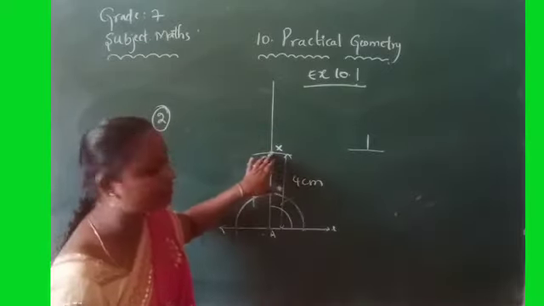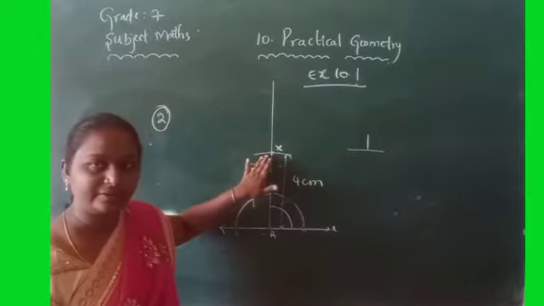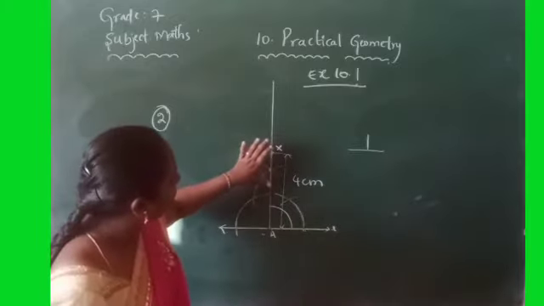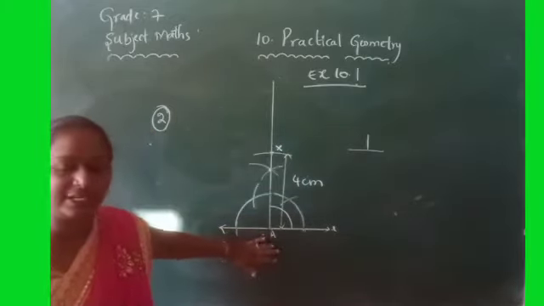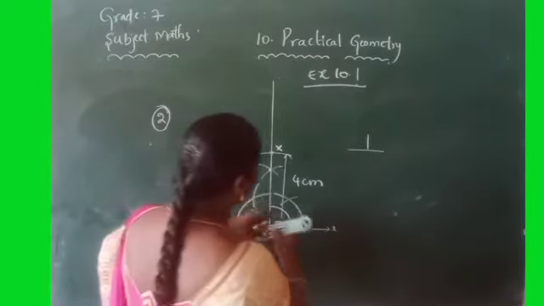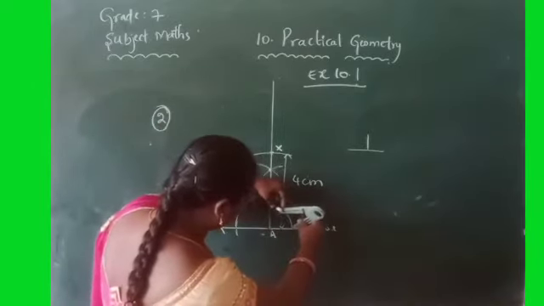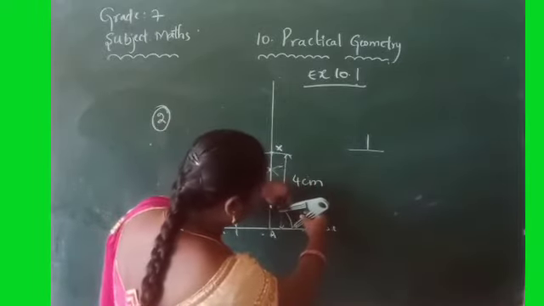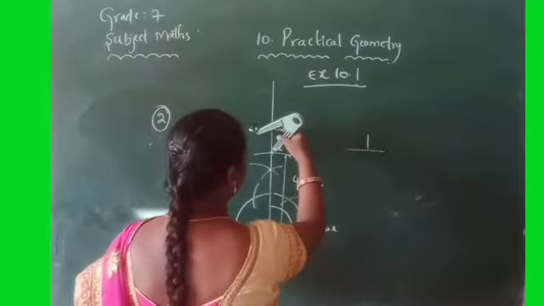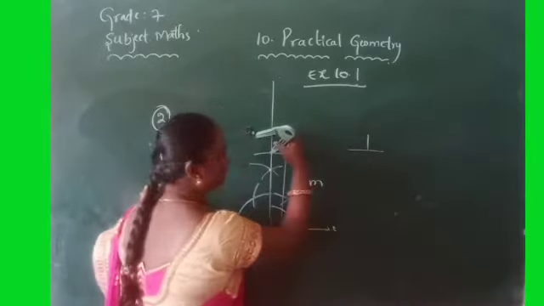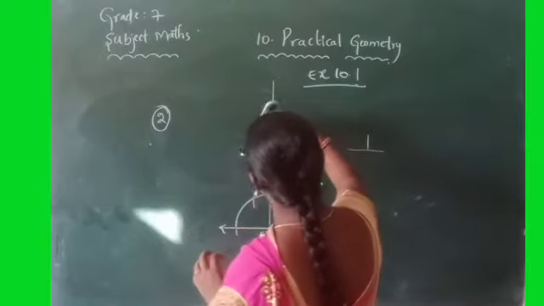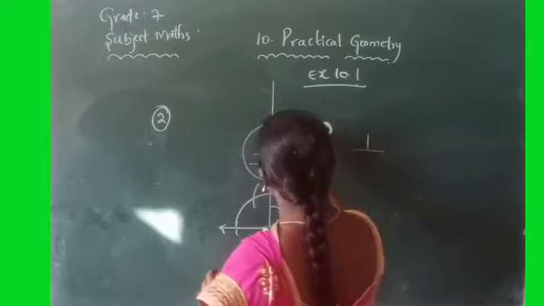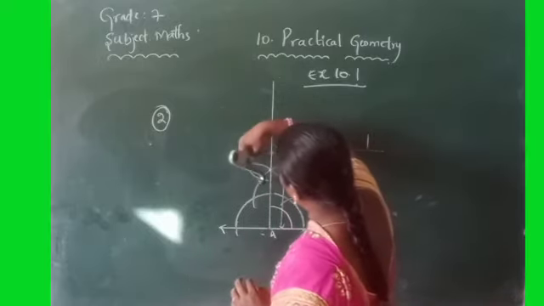Because to this perpendicular I have to draw one more line, which is perpendicular to it. So take the exact same radius, don't change the position, and where the point X is, draw one arc. Draw one more arc here like this.